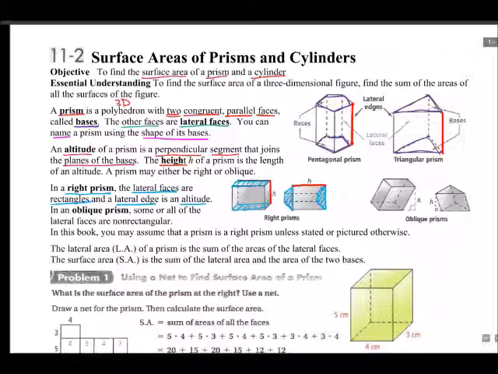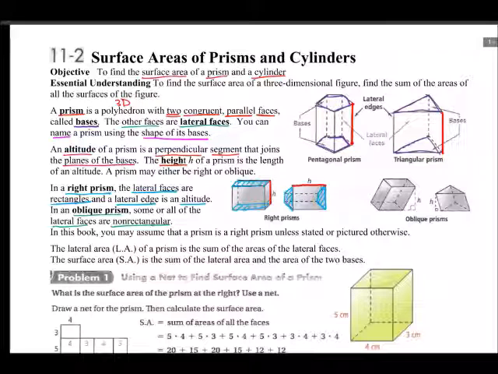Your other option is oblique prisms. In an oblique prism, you can see over here, it's just a tilted prism. Some or all of your lateral faces are not rectangles. Now, we like prisms with rectangular faces. It makes everything a whole lot easier. In an oblique prism, you do the same thing.